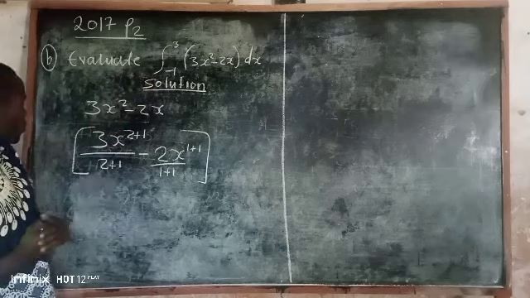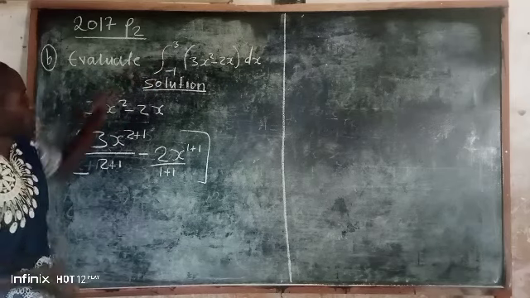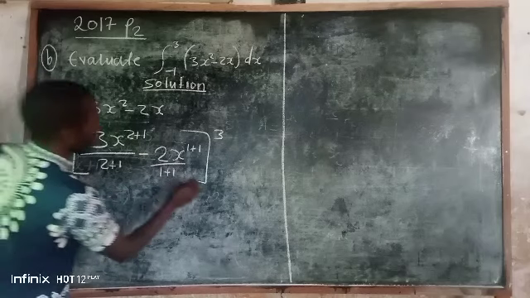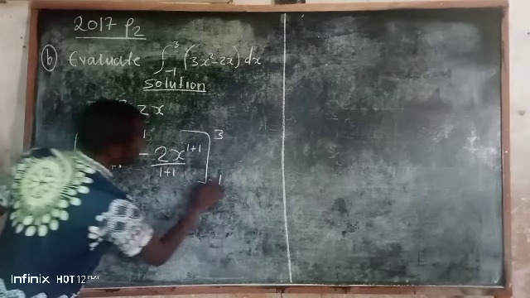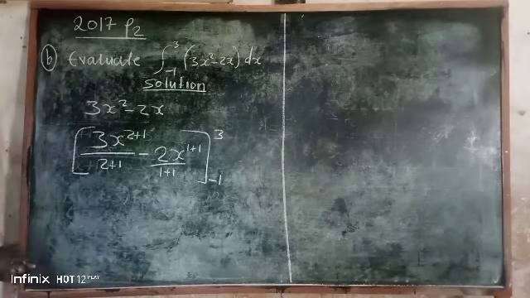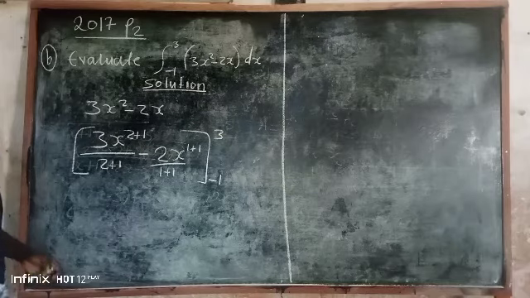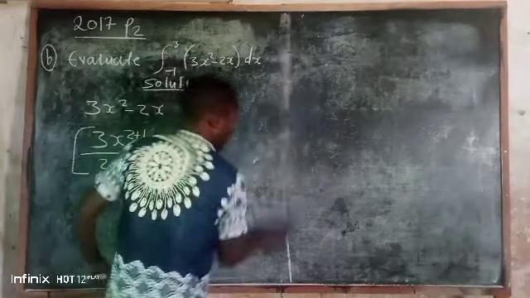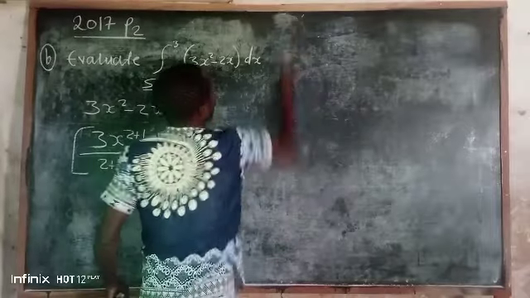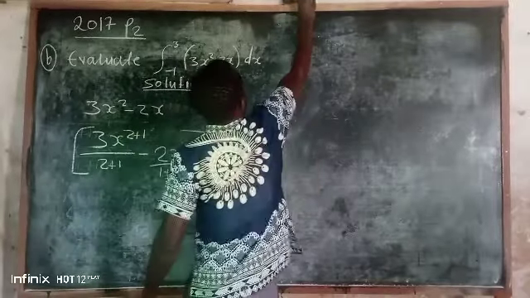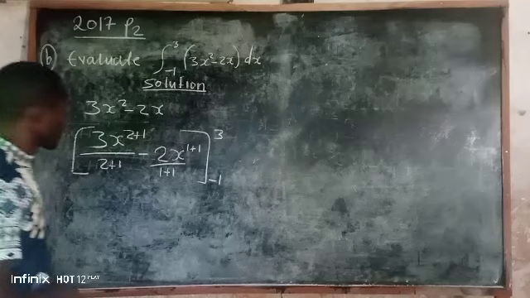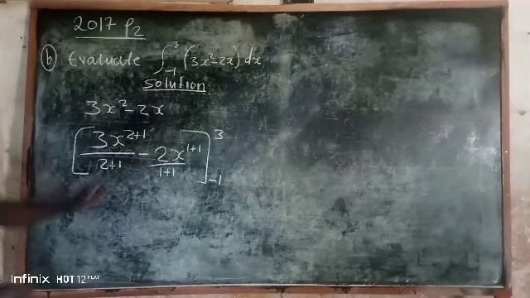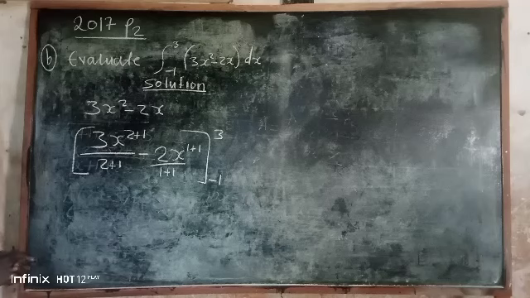According to this question, the upper limit is 3, so it will just maintain the same position, and the lower limit is -1. That is the way to go. Now let me extend this line so that we can show our answer properly. Then we finish the integration.